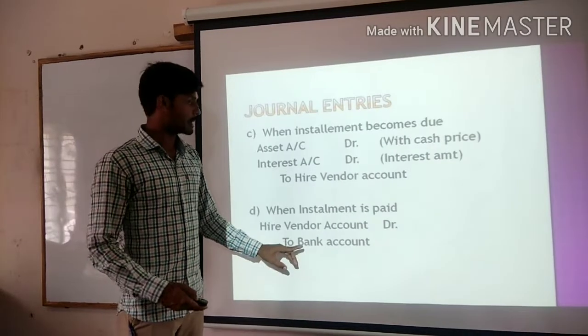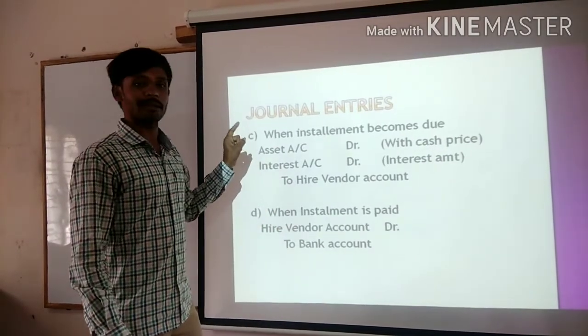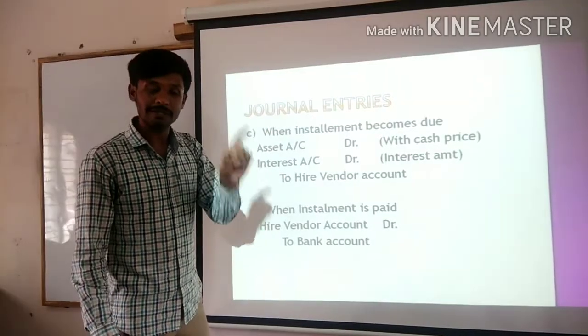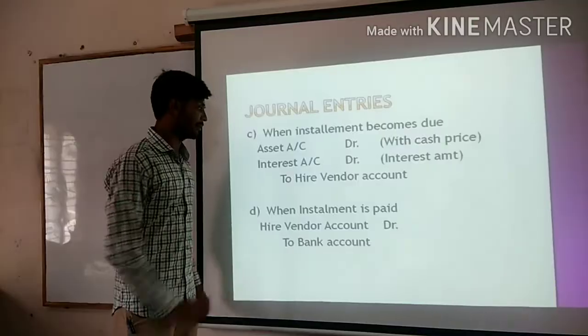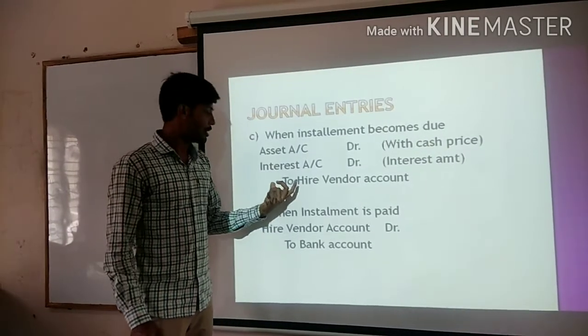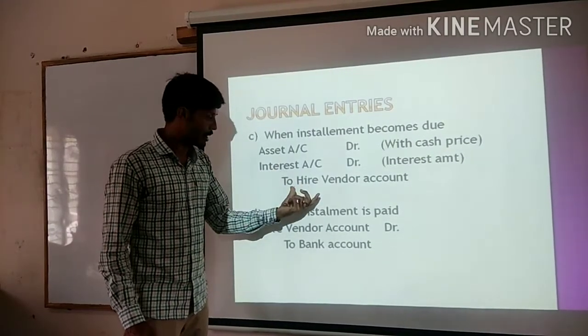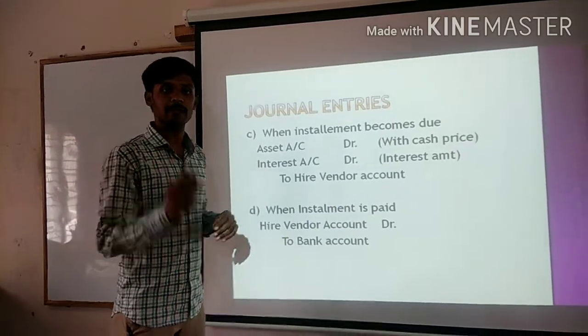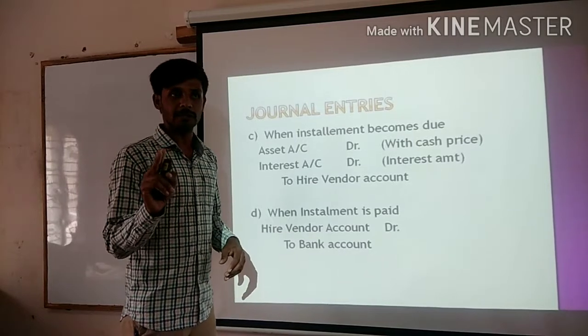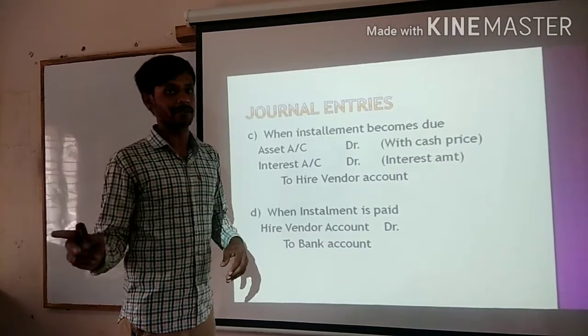Next, after the end of the first year, when the installment becomes due, we pass this entry: asset account debit, interest account debit, to hire vendor account. The installment includes two major things: the principal amount and the interest amount.